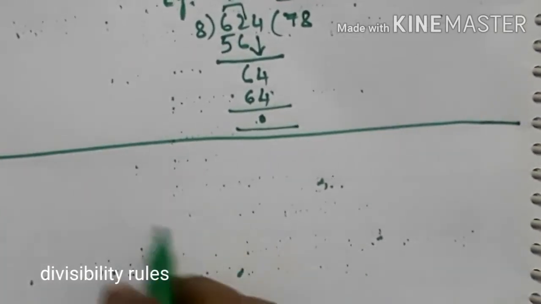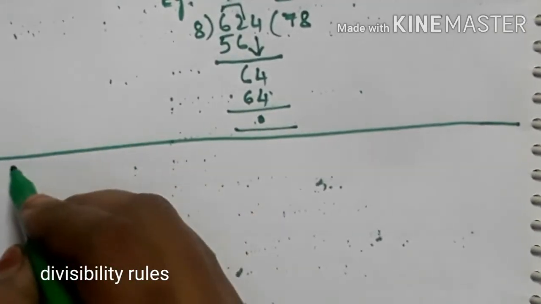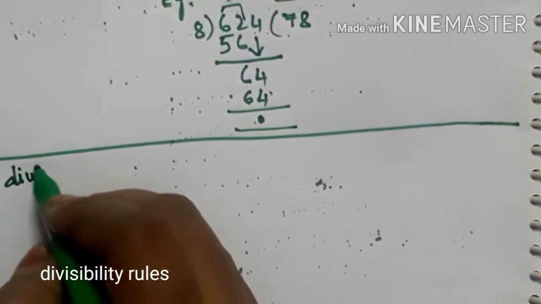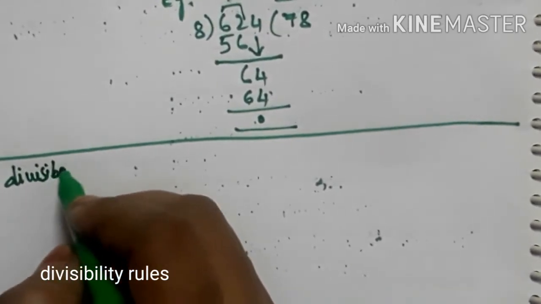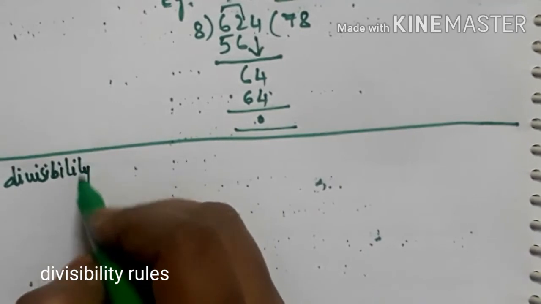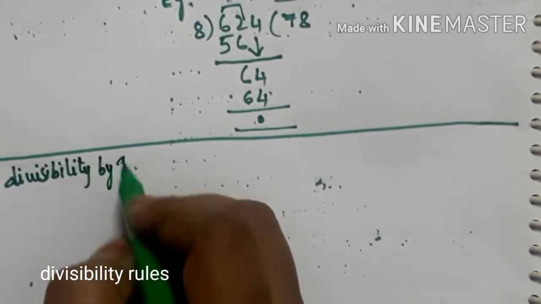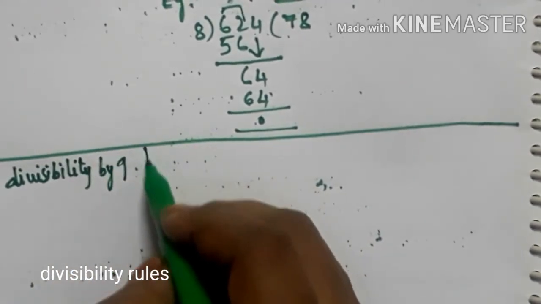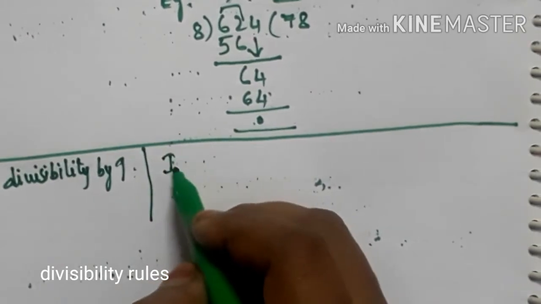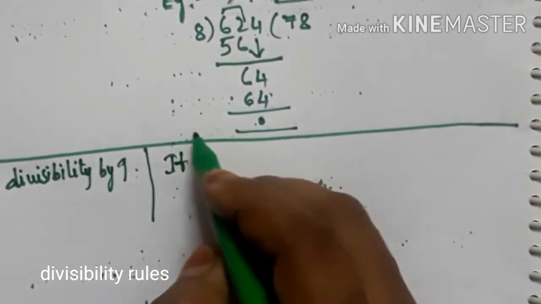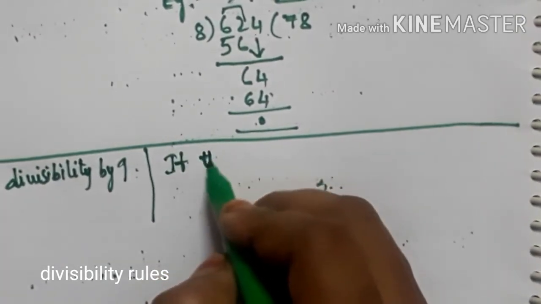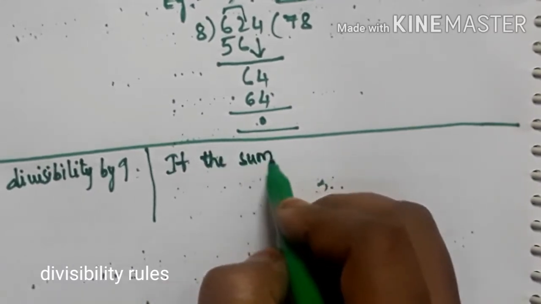Now we will see the divisibility rule of 9. Divisibility by 9. It is same as divisibility by 3. First you have to add the digits and it will be a multiple of 9.